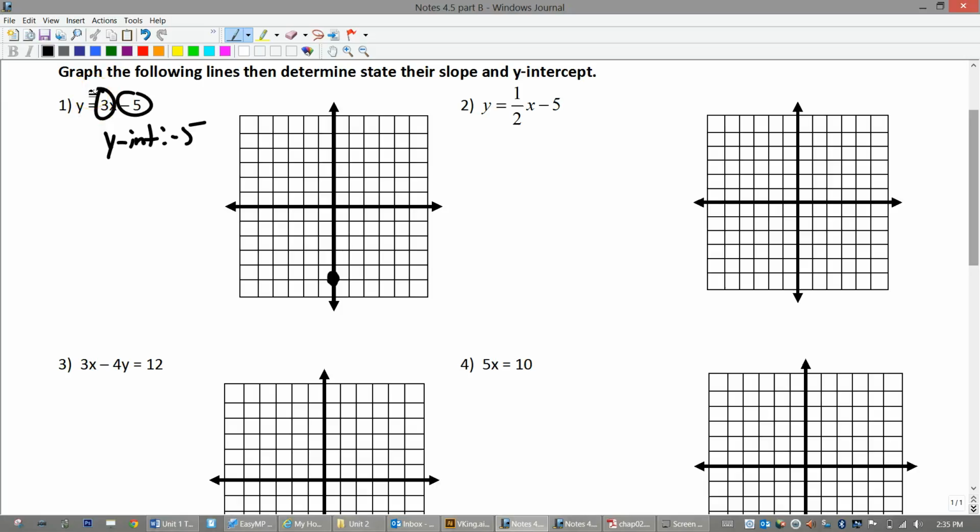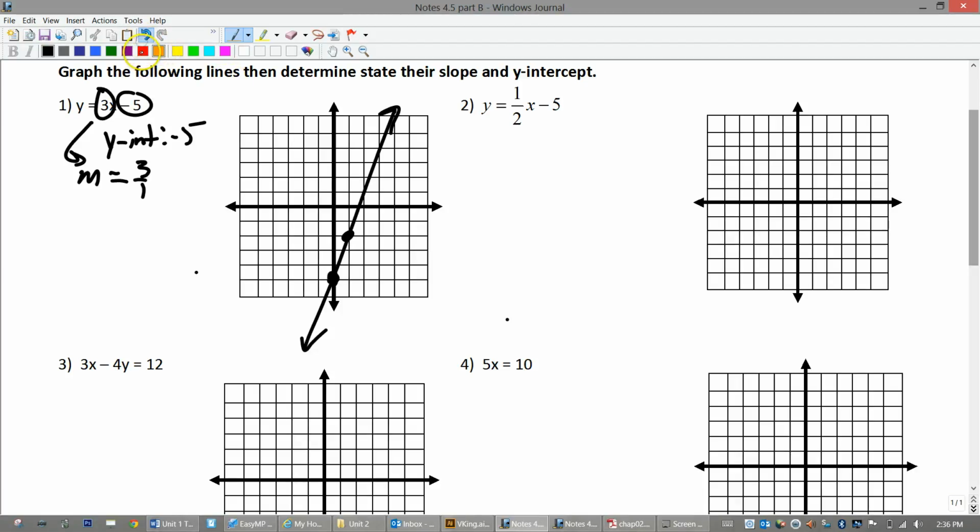In this case the slope would be 3 over 1. That gives us our directions to go from that y-intercept. We go up 3, 1, 2, 3, right 1. Just in case you wanted to know, that's a pretty darn straight line. Okay. So you could do it that way. Again, I'm really humble.